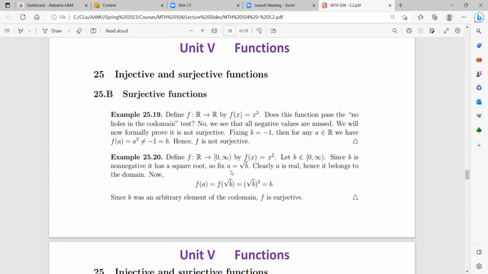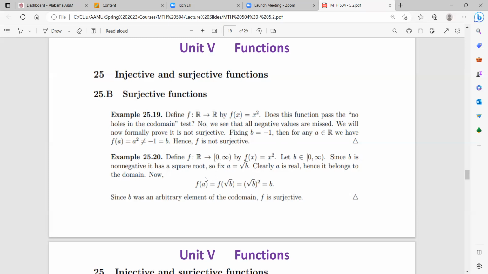So for example, pick any value b from 0 to infinity and let a equal square root of b, then obviously a is real, actually either positive or 0 as a real number, obviously.